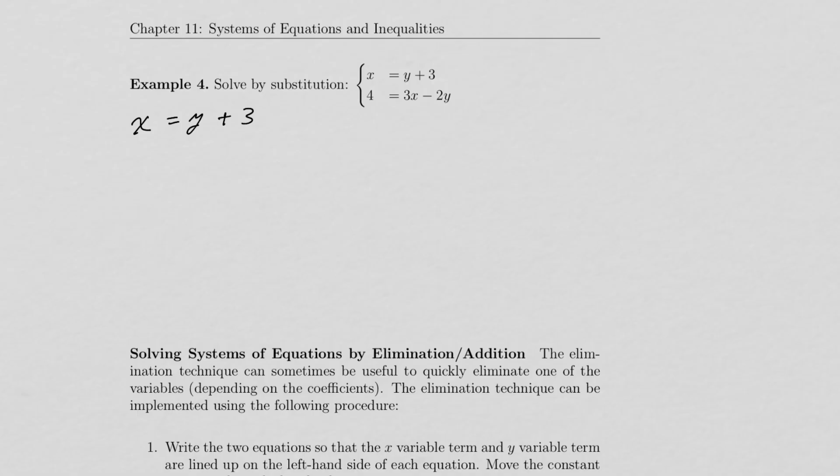The first step, x is already isolated. So the first step is done. So now I go directly to the second step. In the second equation where I have an x, I'm going to plug in y plus 3.